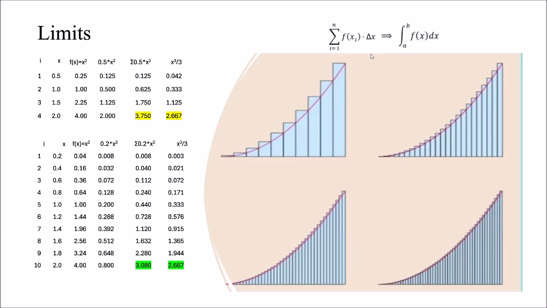One can think of integrals as sums of infinitely many rectangles of infinitesimal width dx. Integral sign is like sigma. 1 to n becomes a to b. Delta x turns into infinitesimal dx, which is almost zero, but not exactly.